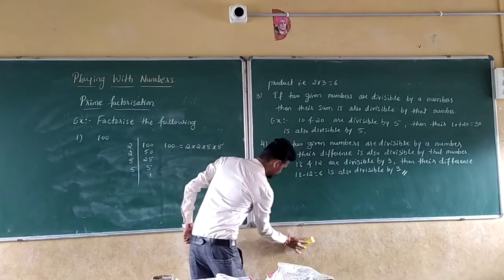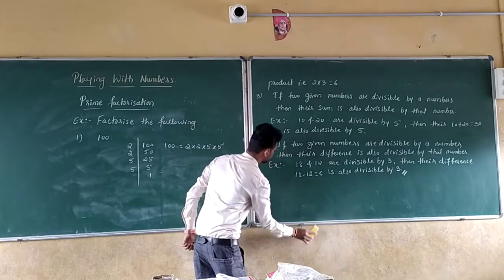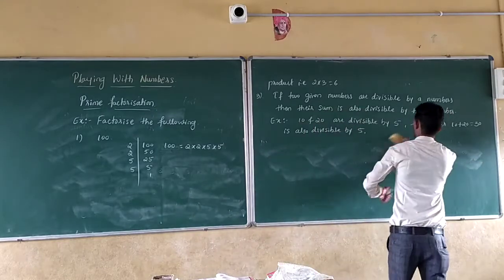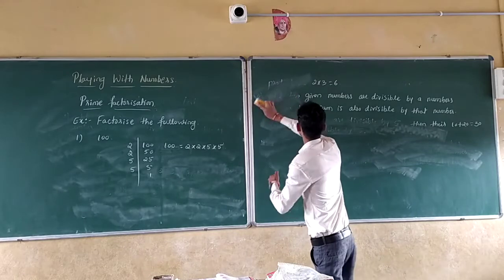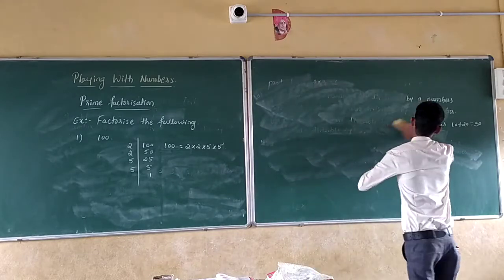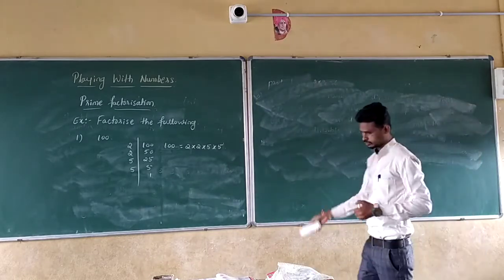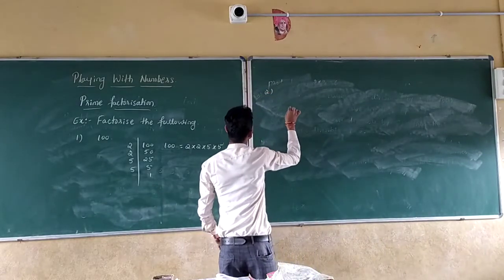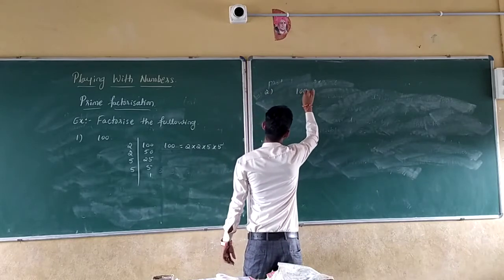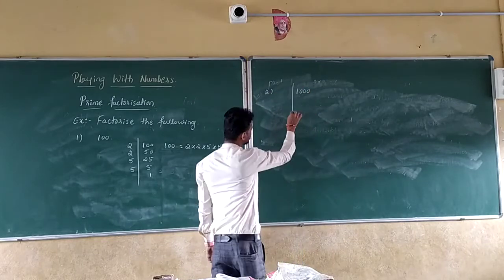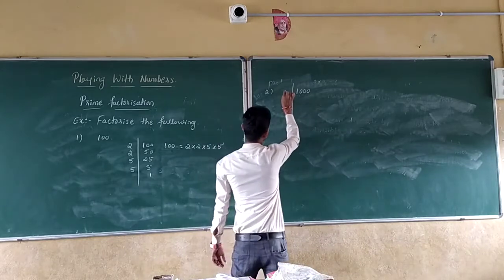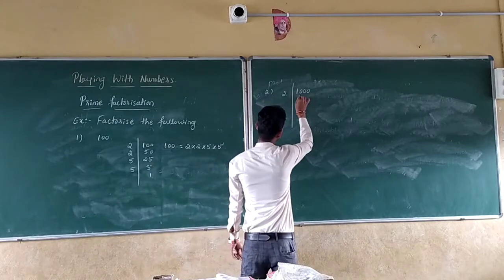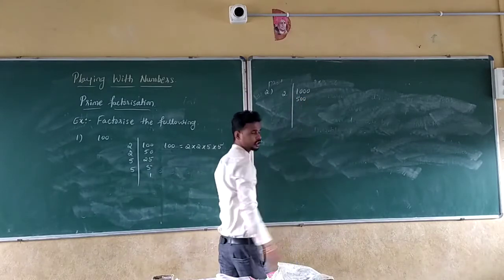Let us similarly take the next, 1000. Let us divide the 1000. 2 fives are 10, double 0.